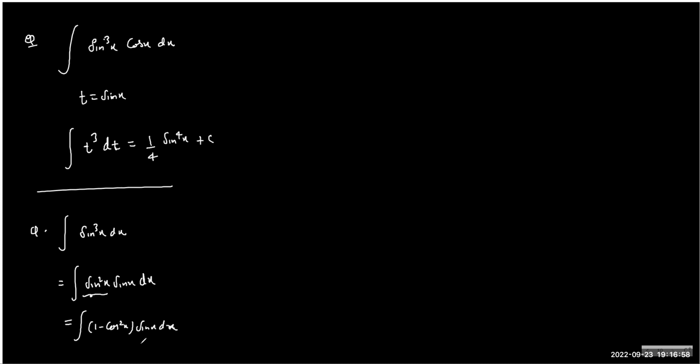And now you can see something that will differentiate to give you something in the function. In this integral, what must you assume to get its differential? So what must we substitute for t here? Can you guess? Minus cos x.